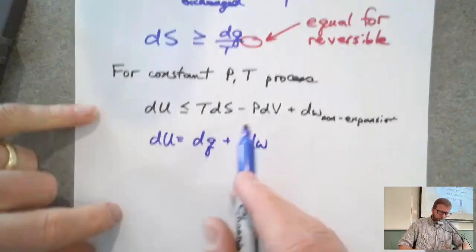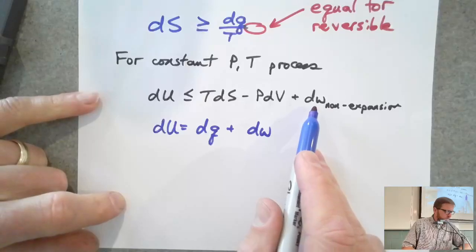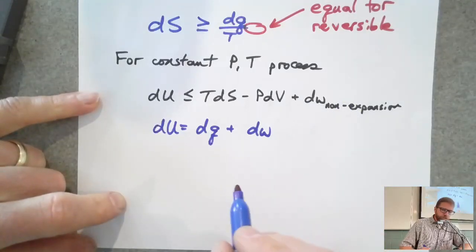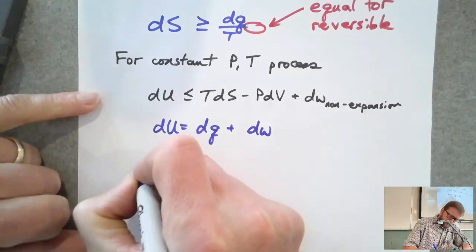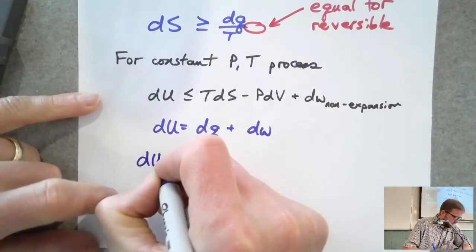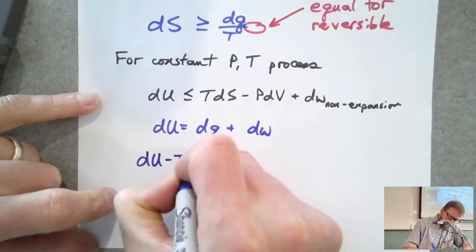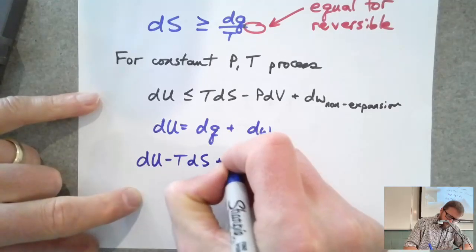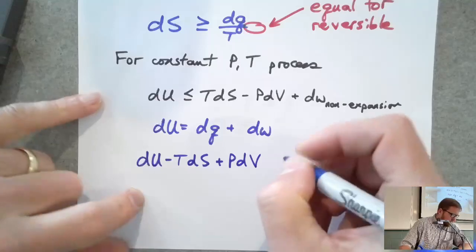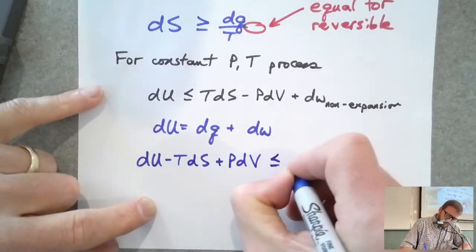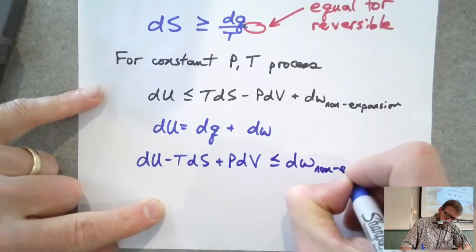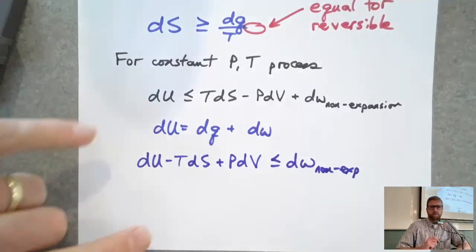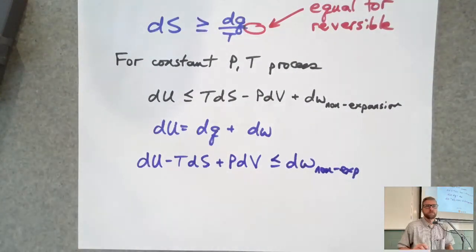So we're going to move everything over except for the non-expansion work. And we get this. This is our resulting inequality.